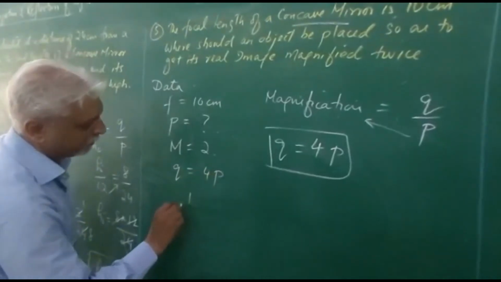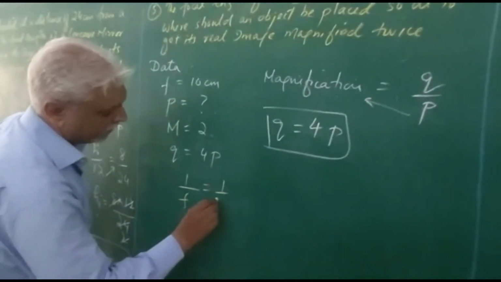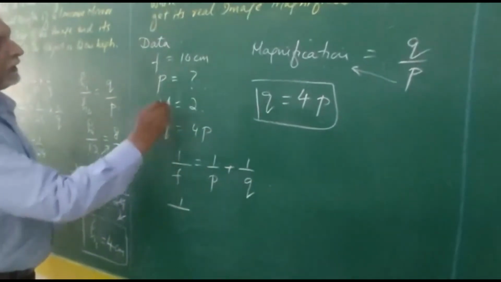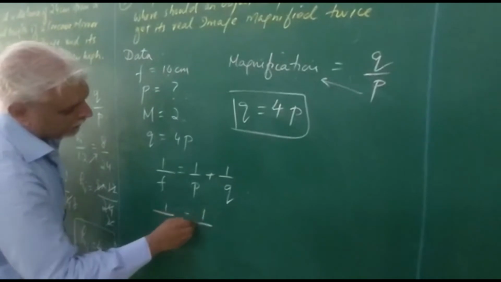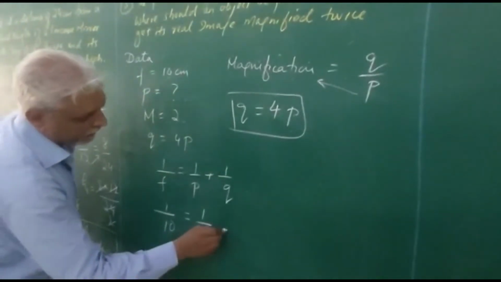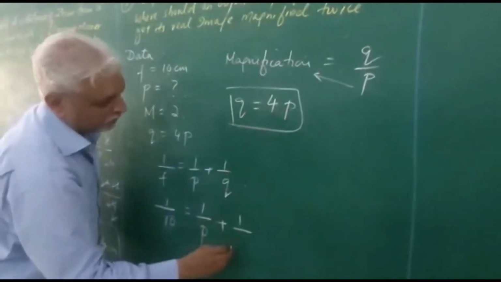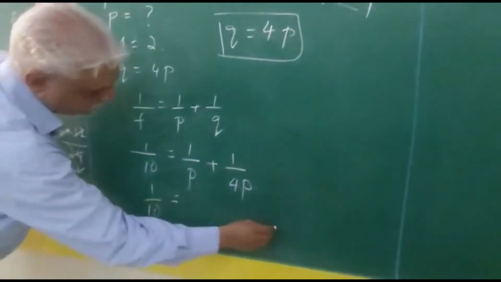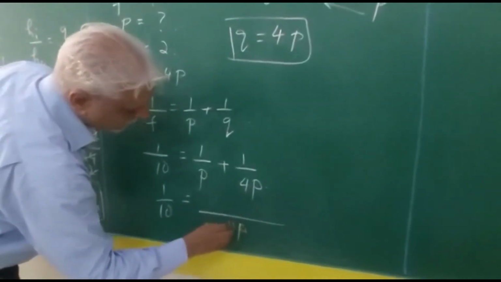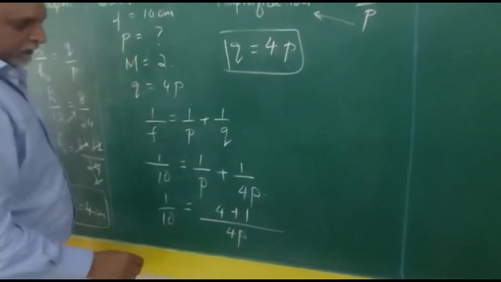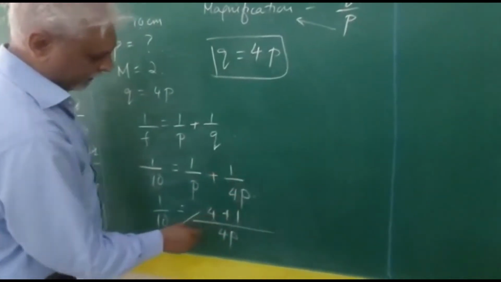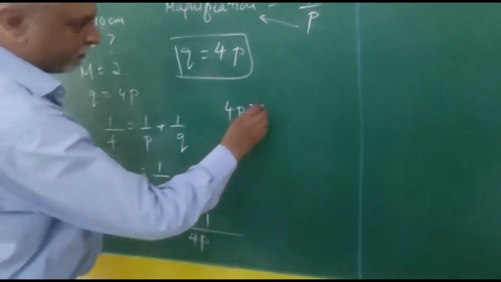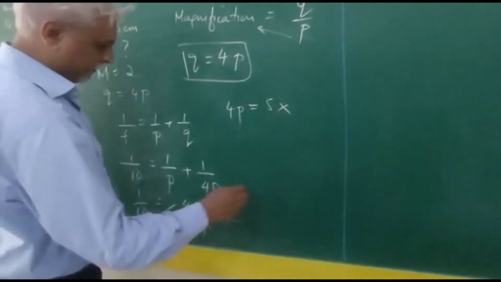Now we substitute the value in the equation. 1 upon f is equal to 1 upon p plus 1 upon q. 1 upon focal length is known to you, 10 centimeter. Object distance is what you need to find. And we just found out q is equal to 4p. So 1 over 10 is equal to, 4p is your LCM, so 4 plus 1. You cross multiply, 4p will be equal to 4 plus 1, 5 times 10.